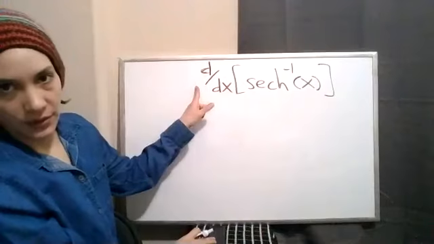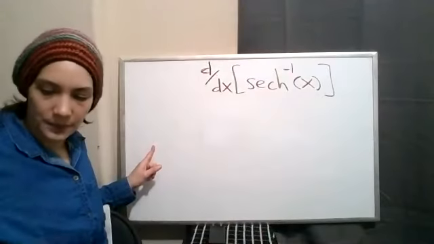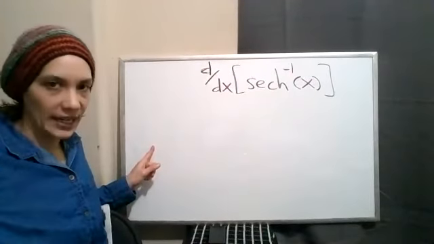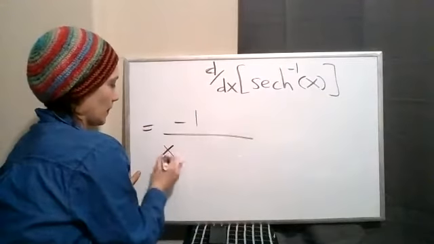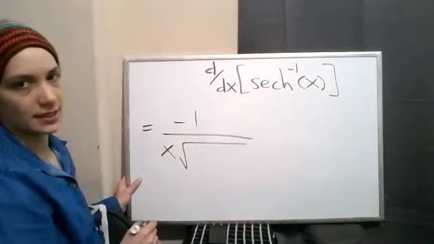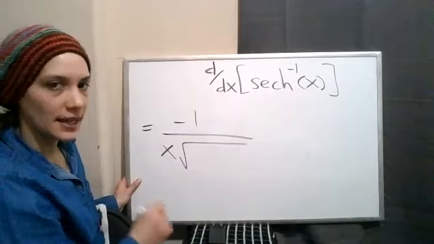Okay, so that derivative is negative 1 over x multiplied by the root of 1 minus x squared.